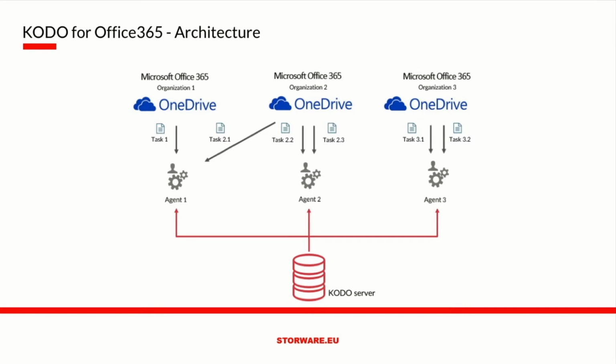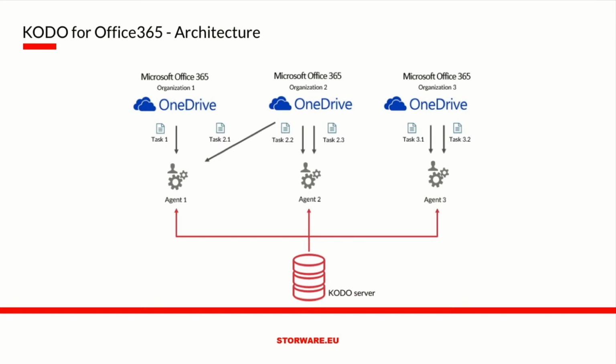In this picture, we see that agent 1 is processing backup tasks for two different Office organizations, and two other agents are processing data of an individual organization. And what is a task? A task is as simple as a set of rules and Office data which are protected by KODO solution.